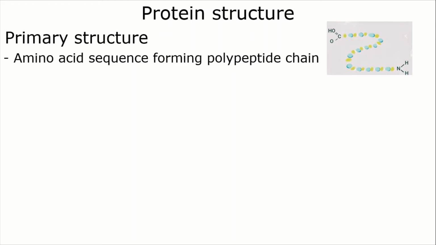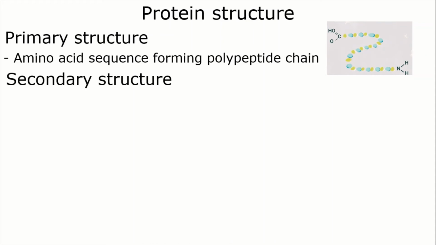So we can see this on the image on the right hand side, and this is essentially, we've just seen how a dipeptide forms via a condensation reaction. Well, if we continue to add amino acids through further condensation reactions, eventually we'll get this polypeptide chain, and this chain determines the protein's final structure.